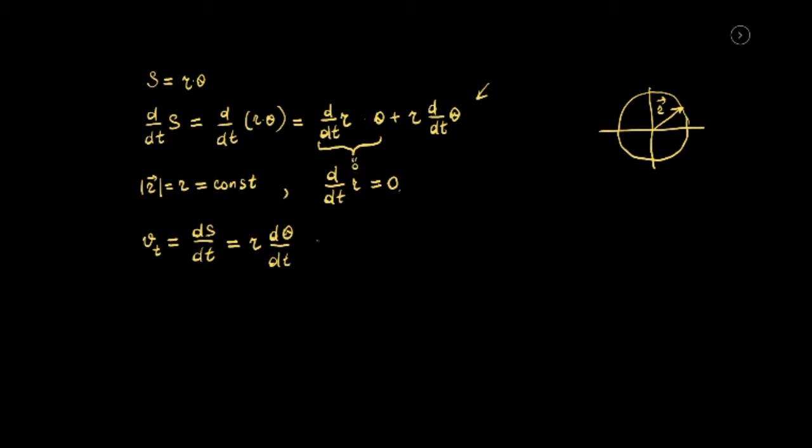And we also called this one the instantaneous angular velocity, so it would be equal to r omega. I didn't write the index here, but we will understand that it is an instantaneous angular velocity.